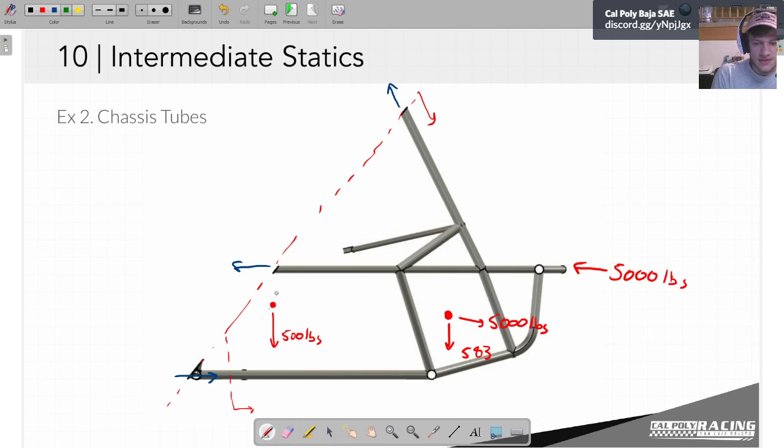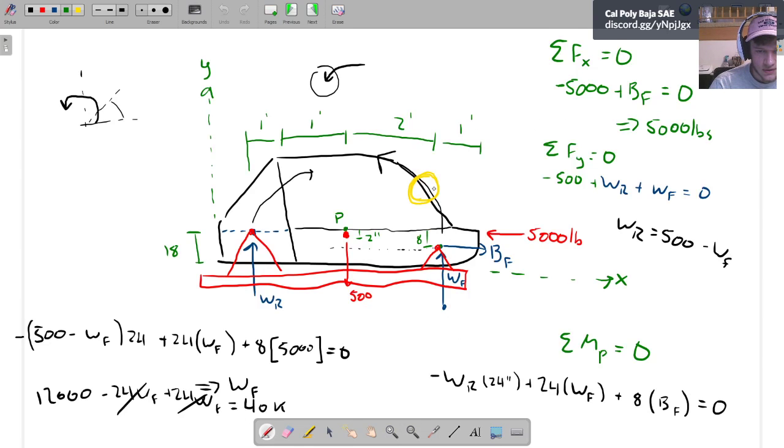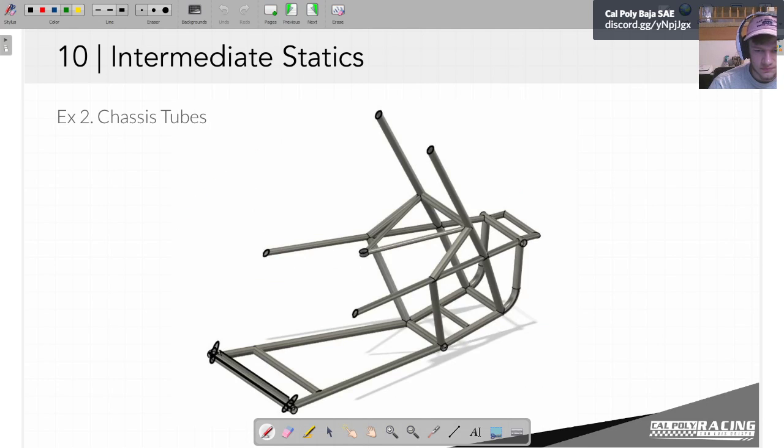I'm going to this time draw my coordinates about this point. So we'll call this what I previously called point P. So remember, this was 2 inches away, and this one was 8 inches away. Is that what we said earlier? Yeah, 2 inches, 8 inches.